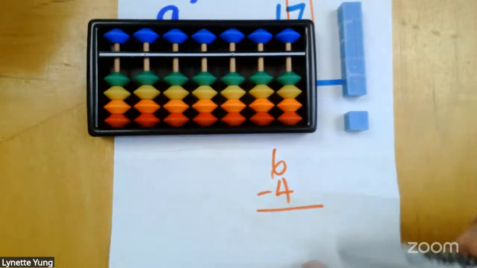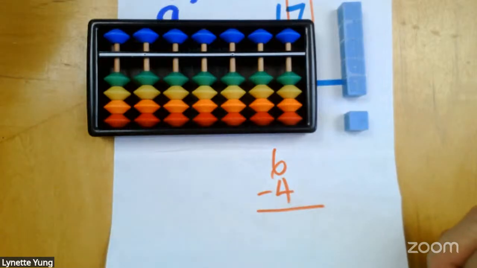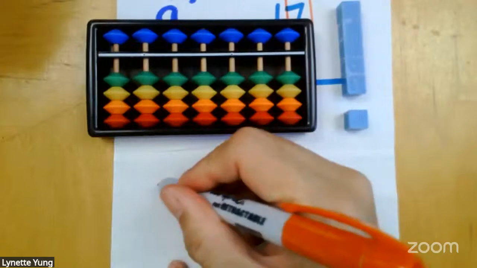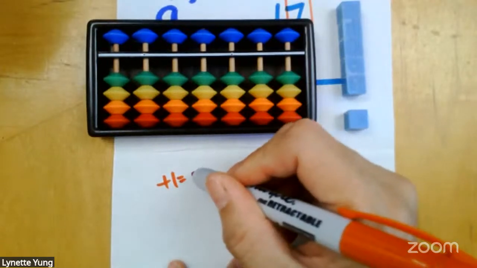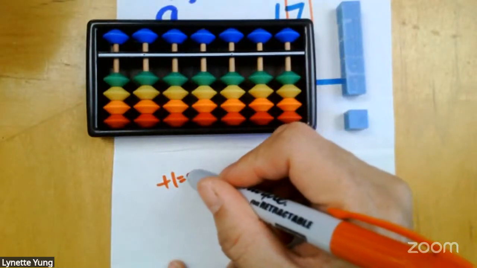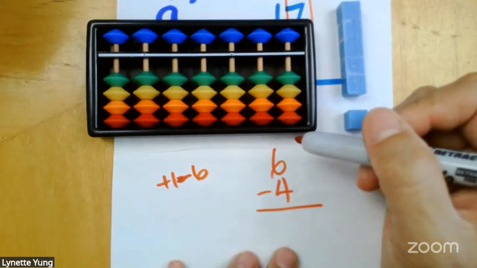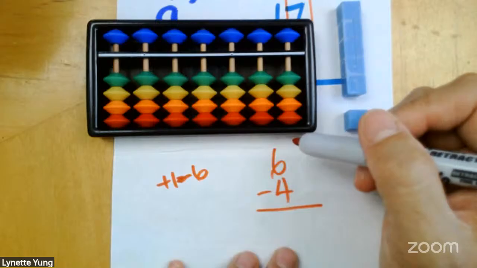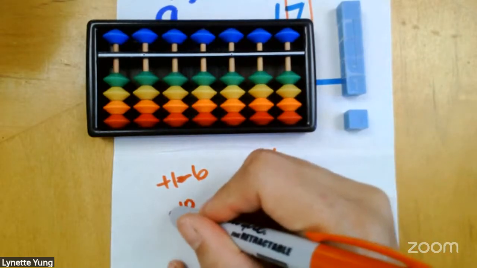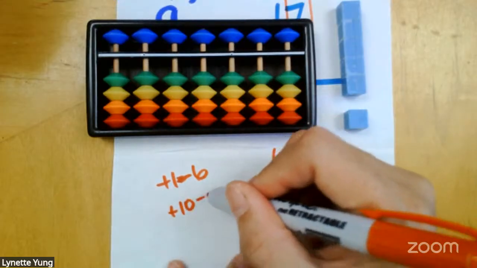I don't remember what the problem was, but he would say plus the 1 minus the 6, and I would say, no, you're supposed to say minus the 10. But maybe because he knows the partner to 6, is that okay? Or should you still say plus the 10 minus the 6?